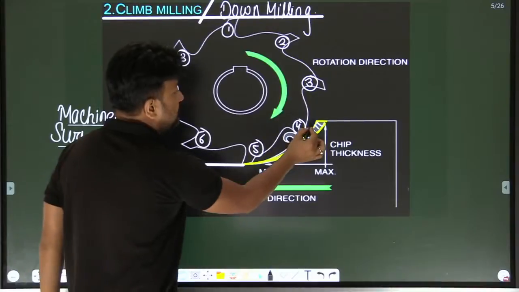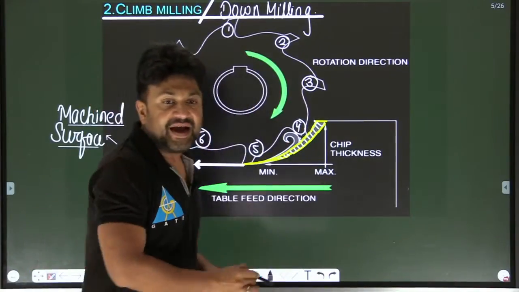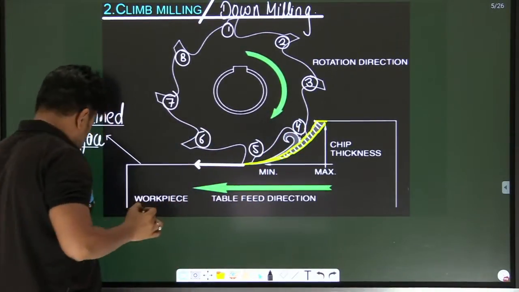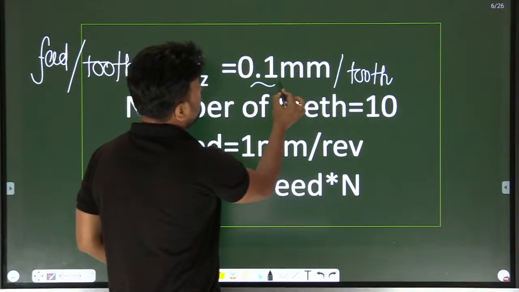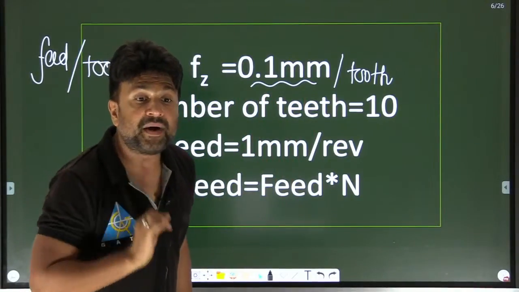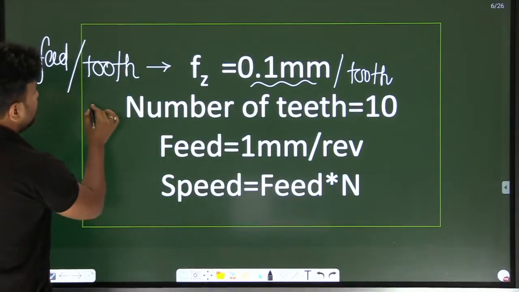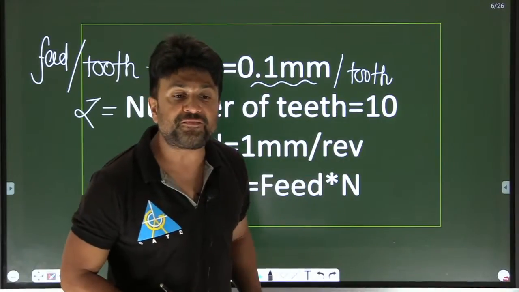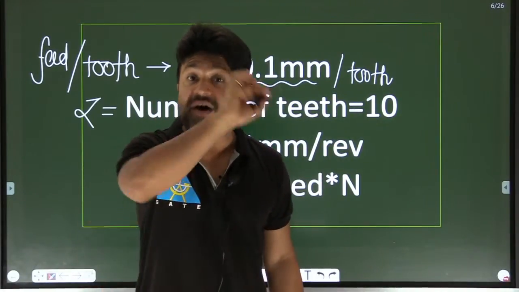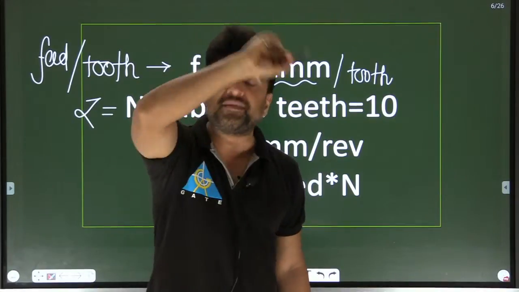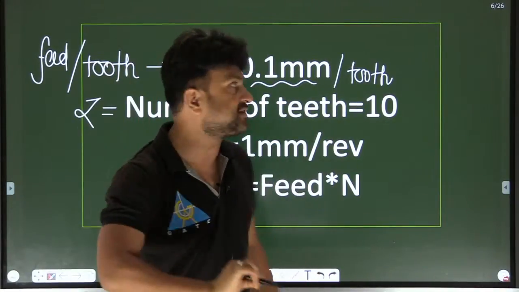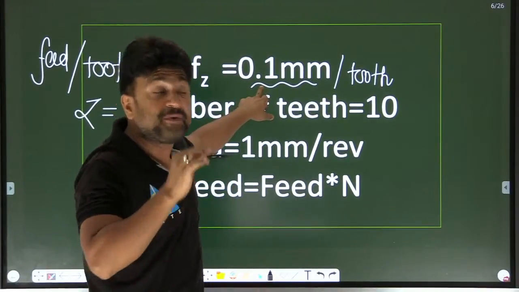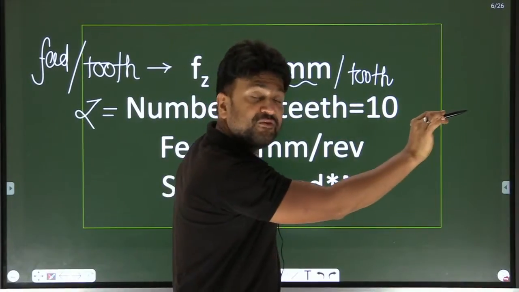Suppose that when the tooth comes in contact with the workpiece, the workpiece moves along, let's say 0.1 mm. My dear student, suppose the number of teeth represented by Z in a milling cutter is 10. Then in one revolution 10 teeth come in contact with the workpiece, and with every tooth the workpiece will move 0.1 mm in the forward direction.